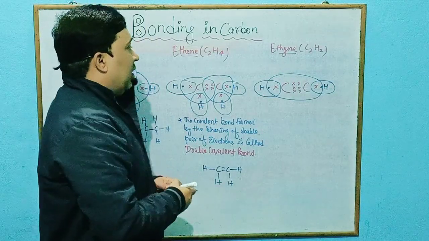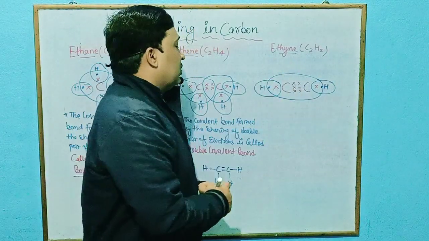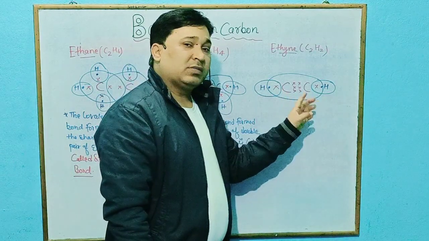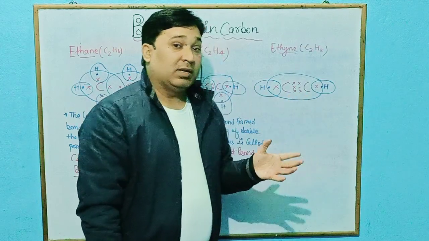Now, coming to our third example, ethyne, right? In ethyne, we see that there is sharing of three pairs of electrons between carbon atoms, right? It means a total of six electrons.